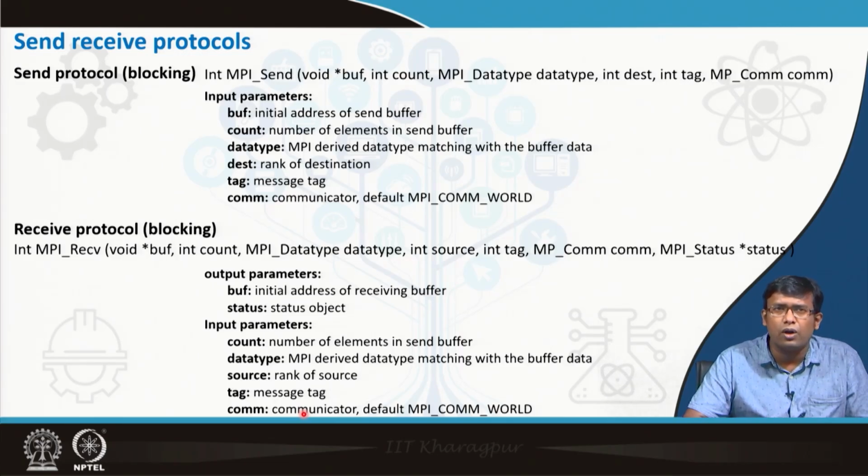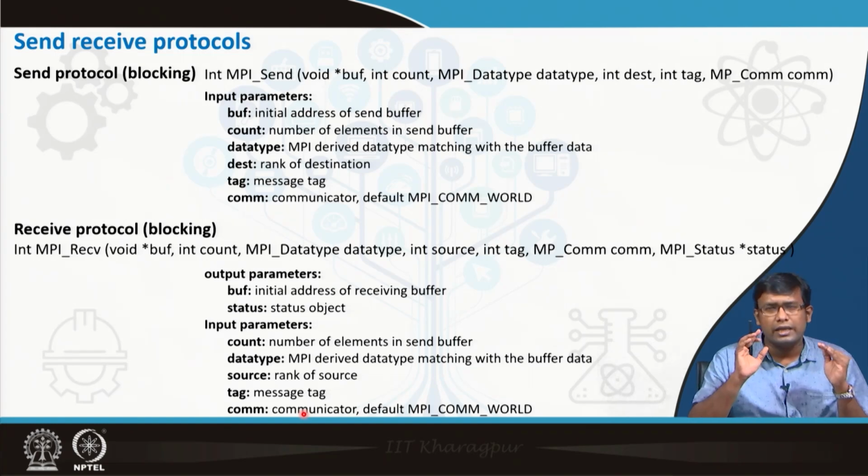Well, now this is called a blocking send and blocking receive. That means, as the processor has sent the data, it cannot do anything else till the send is finished. Similarly, the other processor which is receiving the data, as it has started to receive the data, cannot do anything else till the receipt is done.